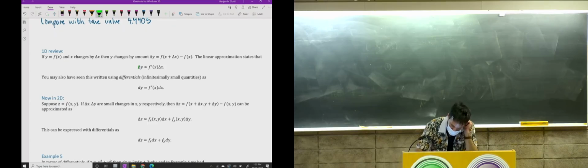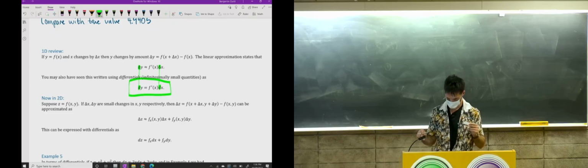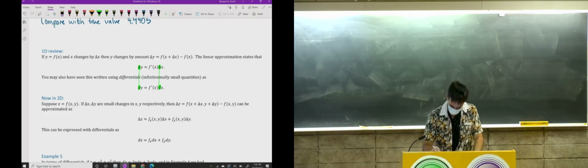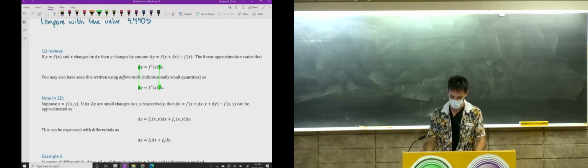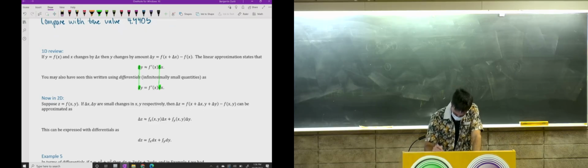If you replace the deltas with d's, then this expression becomes exact as a statement about differentials. So you might have seen this written before. It's mainly just notation. It tells you how y changes when x changes.